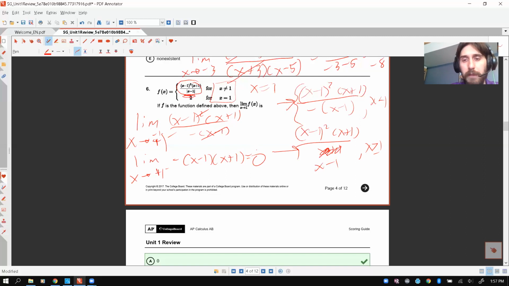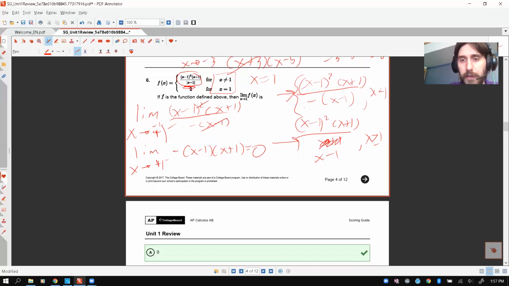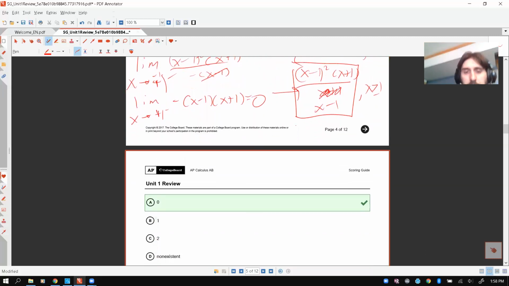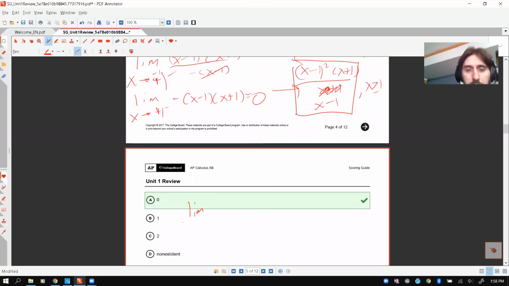Now if you do that for the right side, you're going to get the exact same thing. The limit as x approaches 1 from the right of (x minus 1) squared times x plus 1 over x minus 1.